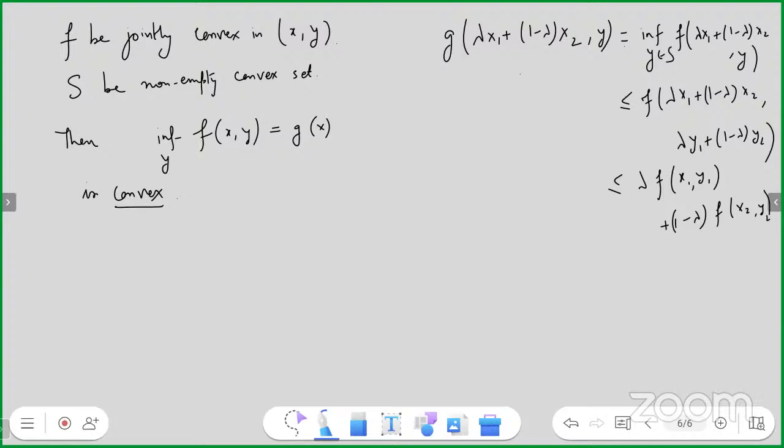What is g of x1? It is the infimum over y of f of x1, y. So what kind of y's exist, if I wanted something very close to optimal? I'm optimizing over all possible y's.